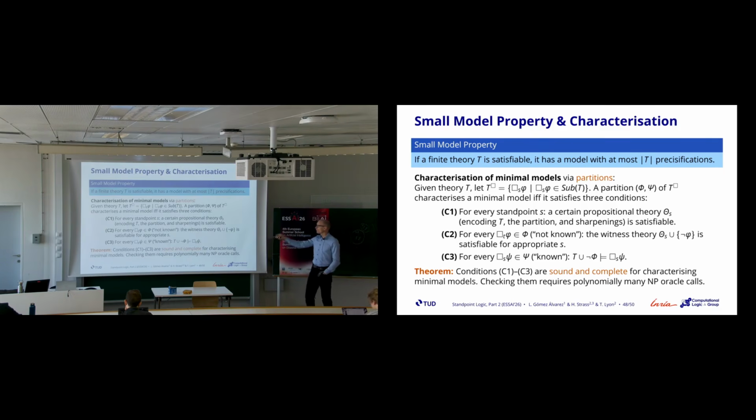So for every standpoint, you define a propositional theory that basically encodes the original theory, encodes what you know and what you don't know, and that also takes into account the sharpening statements that we still might have in our theory. And we require it must be satisfiable. And intuitively, this is propositional because we, in this theory, treat subformulas of this form as additional atoms.